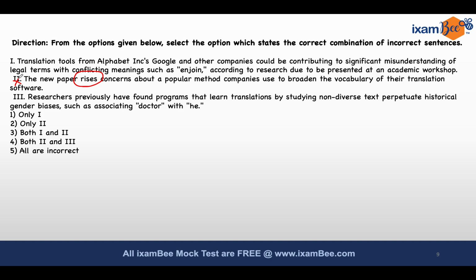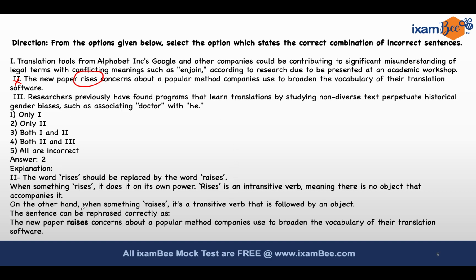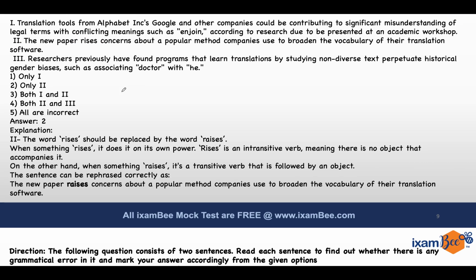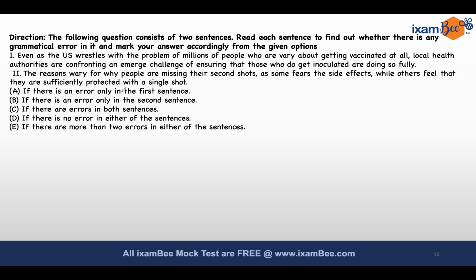Researchers previously have found programs that learn translations by studying non-diverse texts perpetuate historical gender biases, such as associating doctor with he. Here, only option 2 is incorrect. 1 and 3 are correct. So it should be raises concerns. That's type 3.